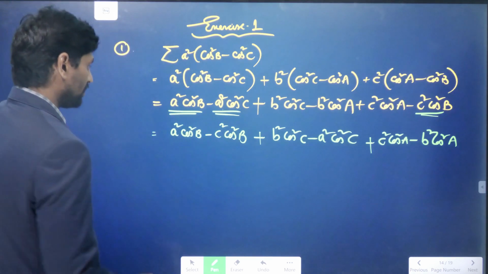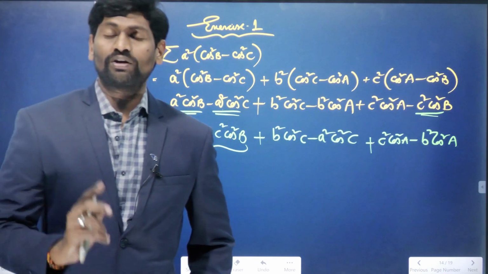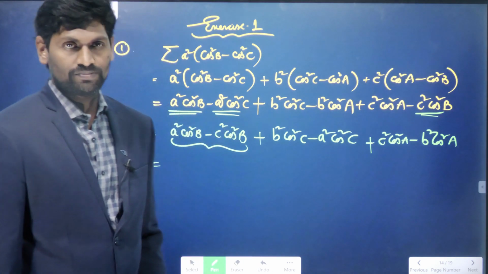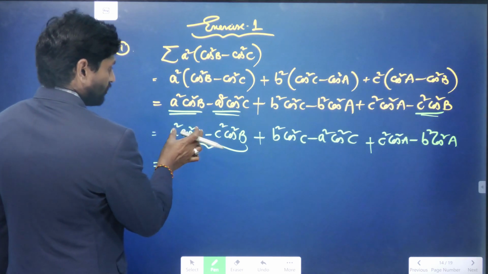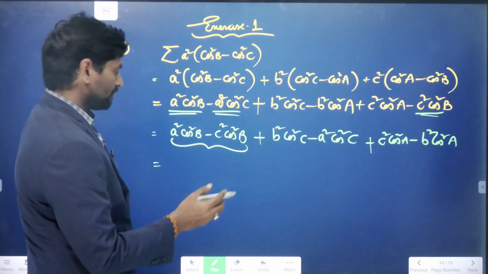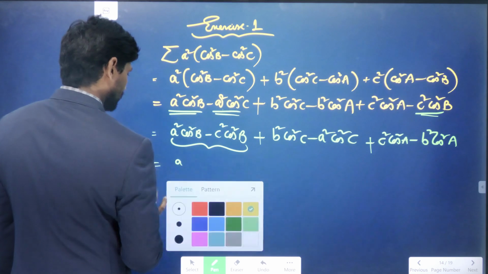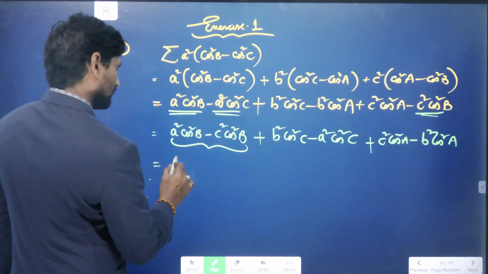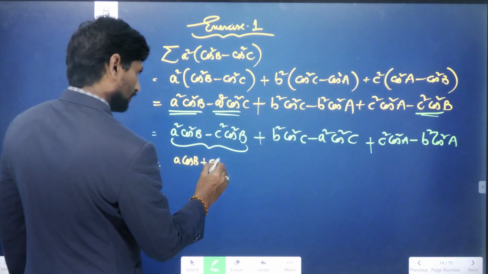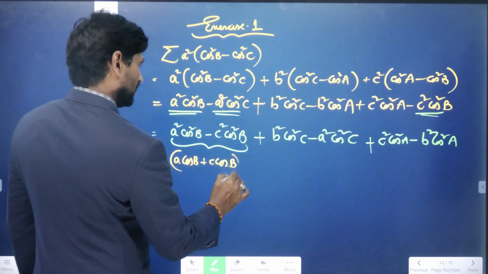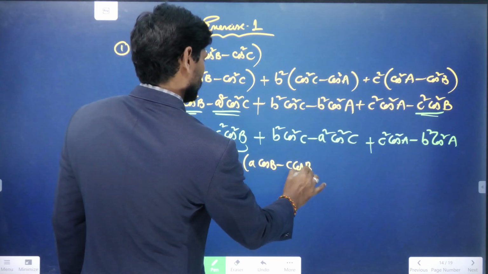Now from the first two terms, I am applying the algebraic identity A square minus B square is equal to (A plus B) into (A minus B). So this one I can write as (A cos B) whole square minus (C cos B) whole square, which is (A cos B plus C cos B) into (A cos B minus C cos B).